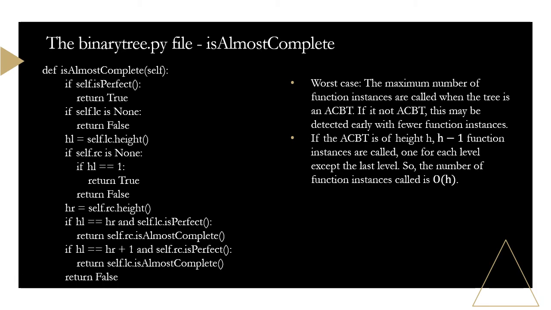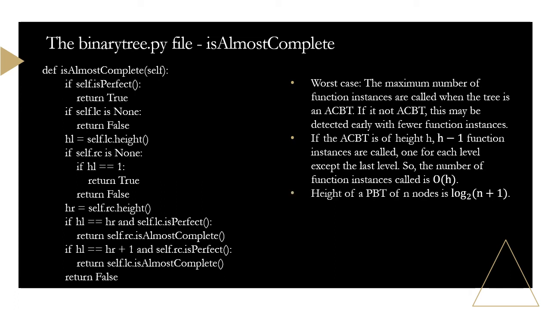I want to express h as a function of the number of nodes. I cannot express the height of an ACBT as a function of the number of nodes n, but I can express the height of a PBT as a function of the number of nodes n.